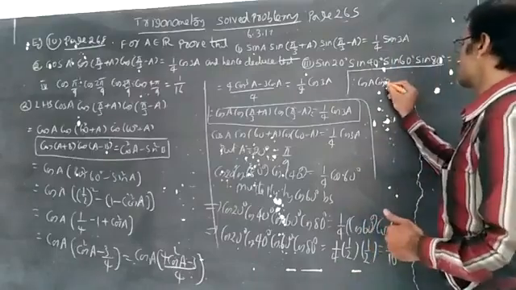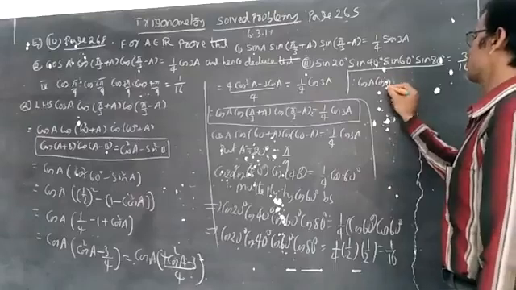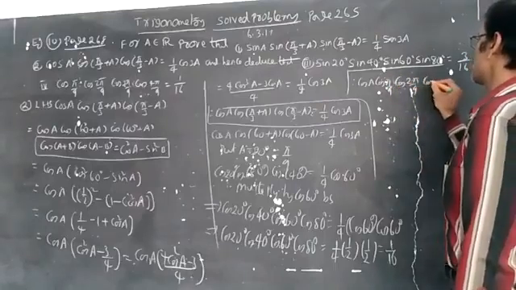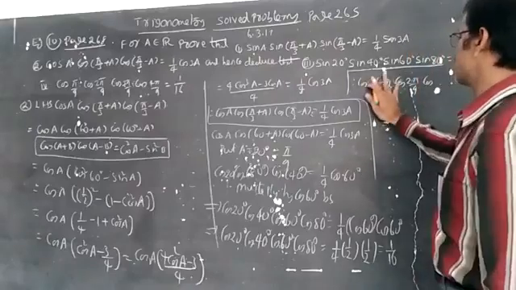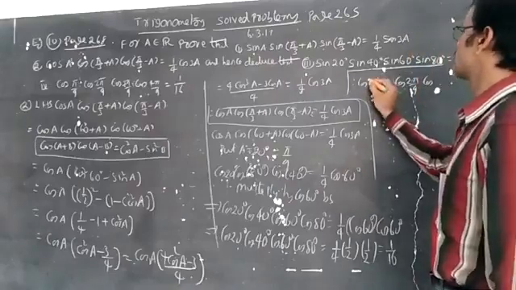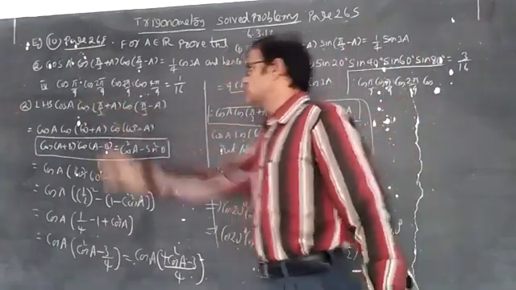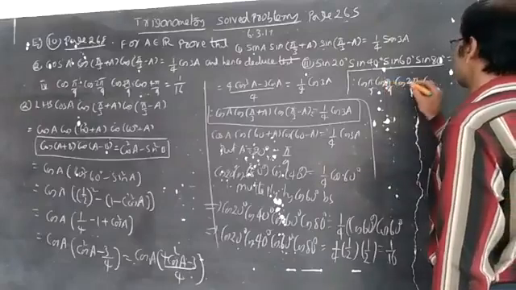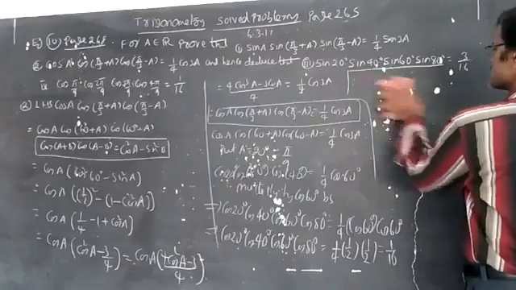So like this you can write cos π/9, cos 2π/9, cos 3π/9, cos 4π/9, which is equal to 1/16.